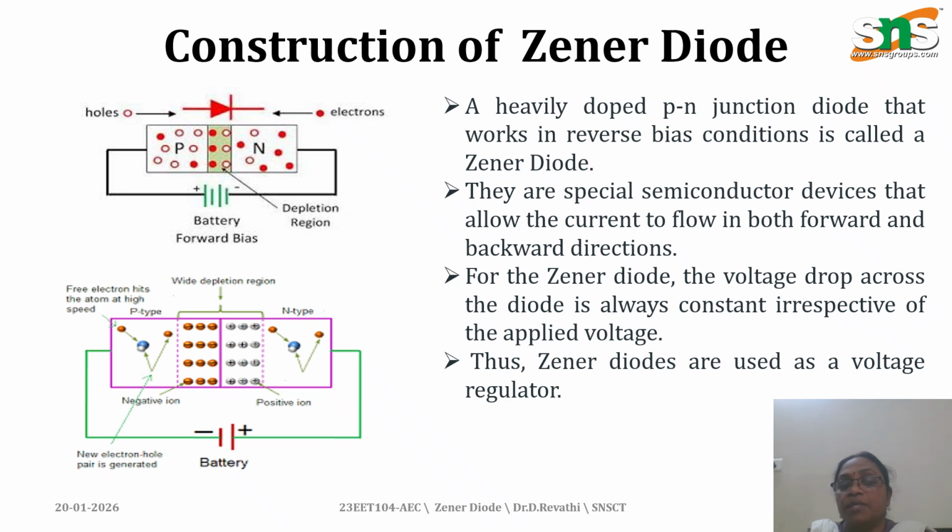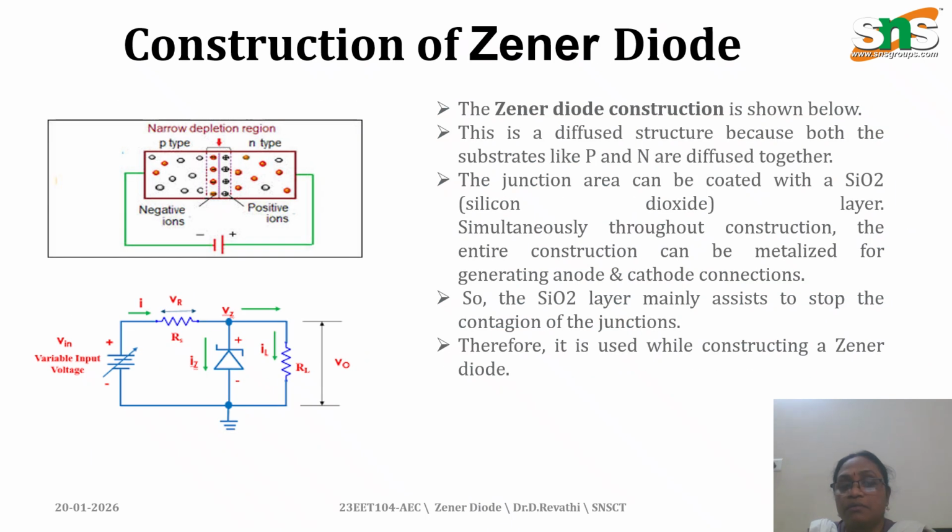If you apply bias, we already discussed the same points; here it is applied to the Zener diode. If you select the material germanium or silicon, the voltage is 0.7 volt for silicon and 0.3 volt for germanium. If we apply more than that voltage, forward bias and reverse bias will work. As for the voltage regulator, how does it work?